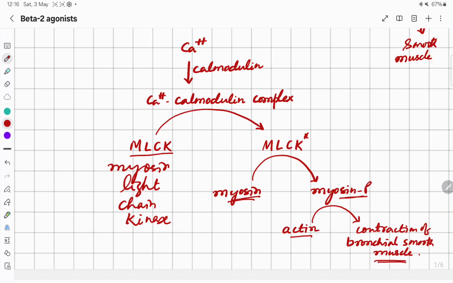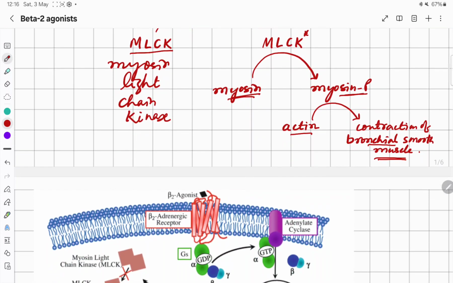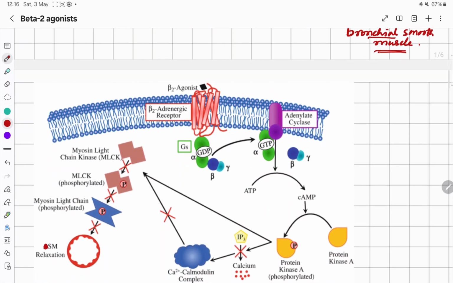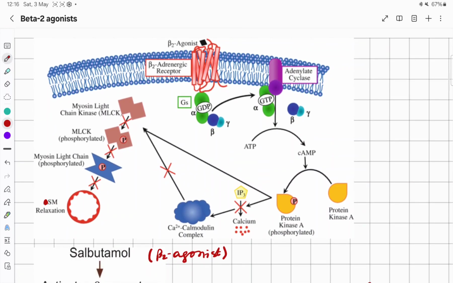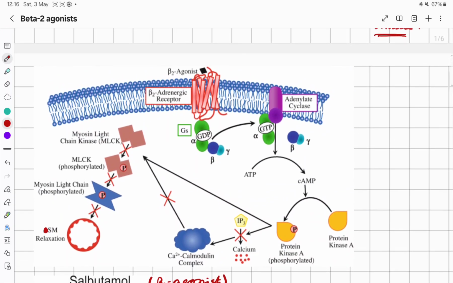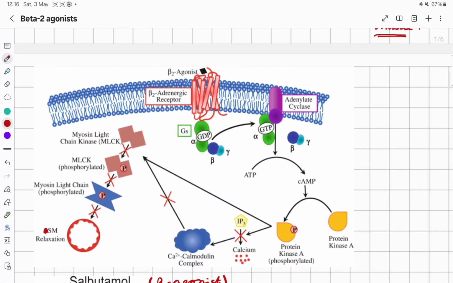Contraction of any smooth muscle requires actin myosin binding, and since we are discussing the bronchial smooth muscles here, it is written as contraction of bronchial smooth muscles. Beta 2 agonists cause smooth muscle relaxation, and in bronchial smooth muscle they produce bronchodilation.